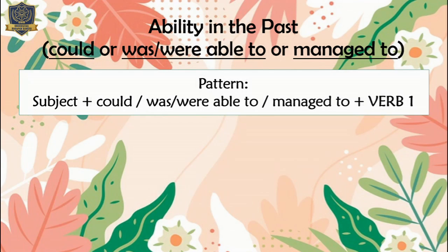Okay, I just want to remind you that was is used for singular subjects like he, she, or I. And were is used for plural subjects, for example, you, we, they, or more than one person.